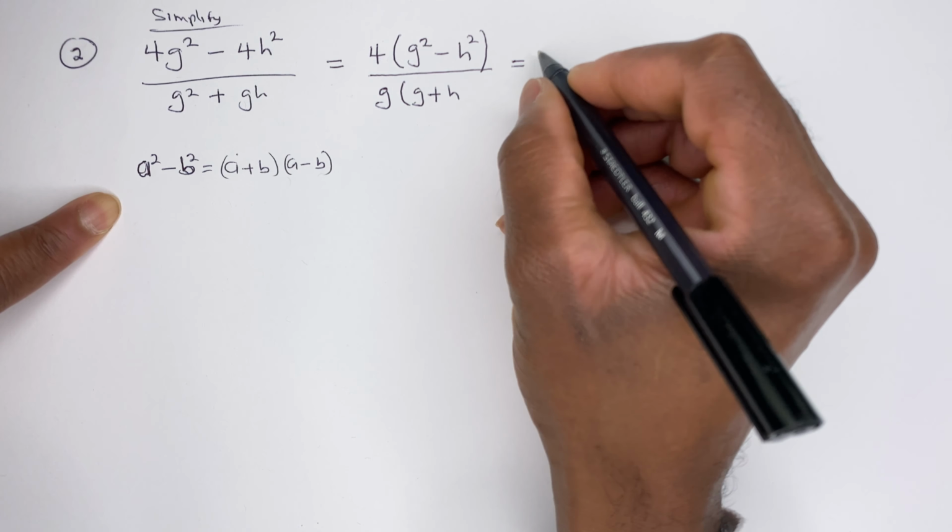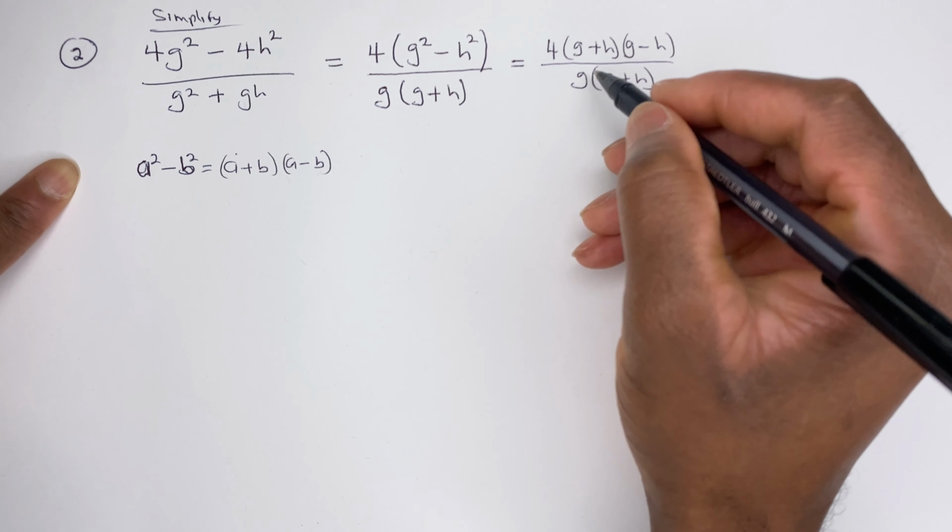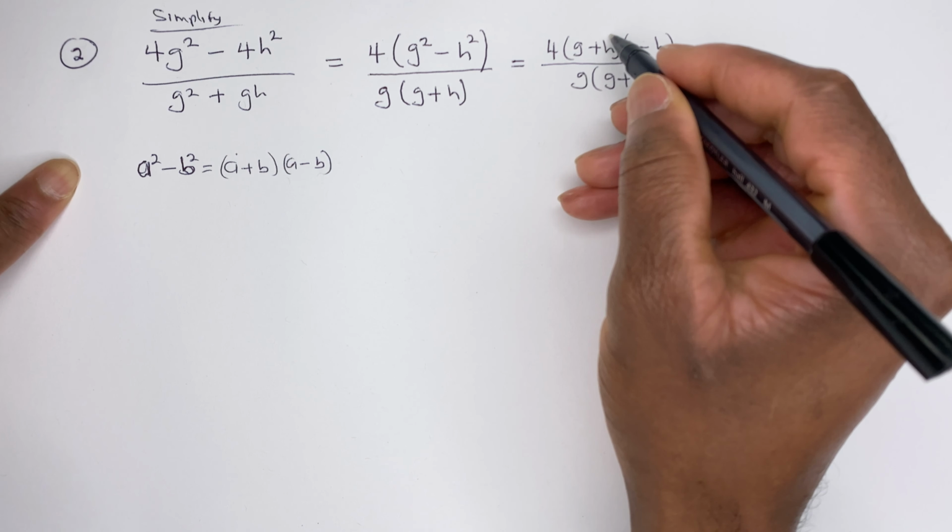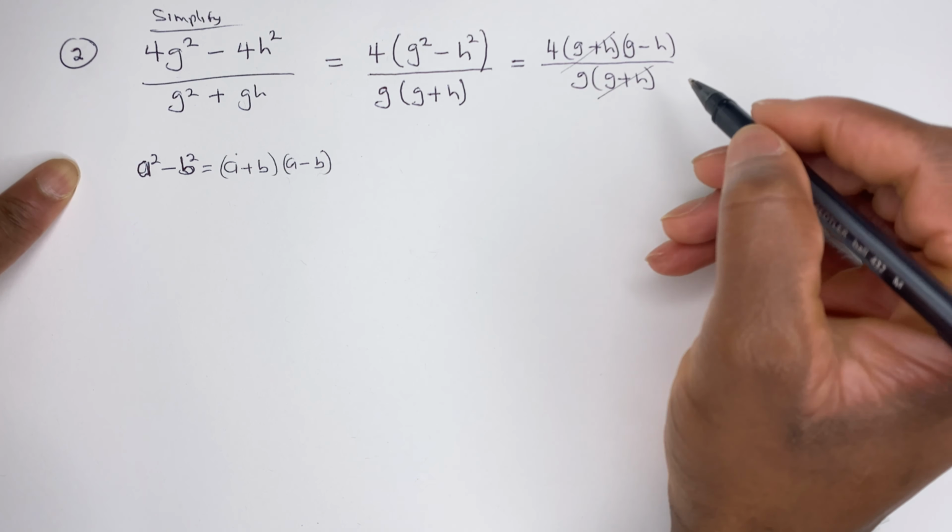In that case, something can cancel out from top and bottom. G plus h cancels with g plus h at the bottom, and I'm left with 4 g minus h over g. And that will be the final solution.